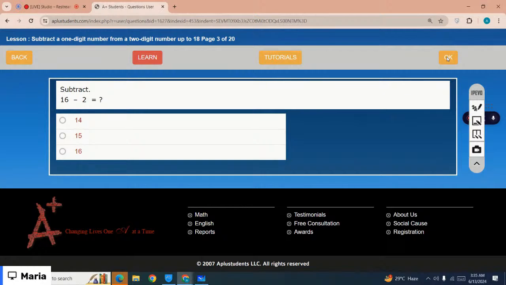16 take away 2 equals, you have to go back 2, right? 16, 15, 14. So 16 take away 2 is 14.